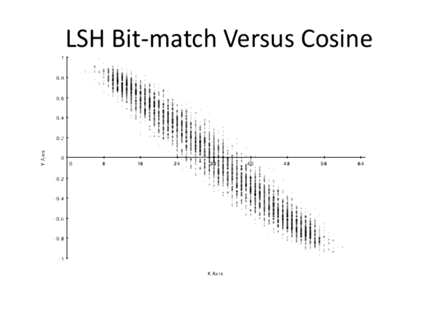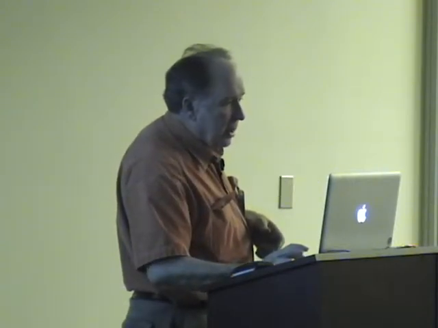The horizontal axis goes from 0 to 64. So if the XOR has very few bits that are non-zero after we XOR those, then the two representations were nearly identical. And that means the cosine of theta is near 1.